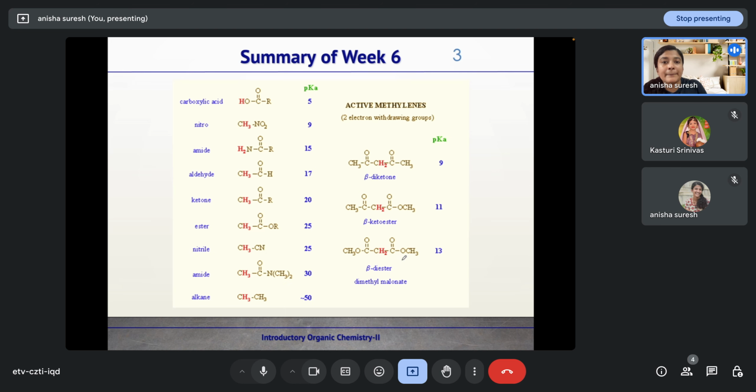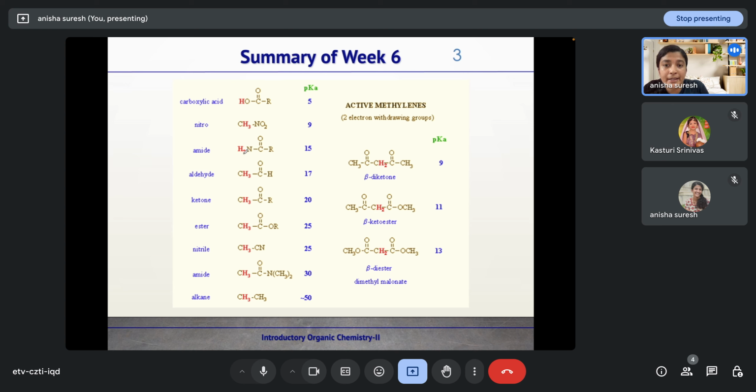Now coming to the pK values, if we compare, so these are normal compounds. Like carboxylic acid, it will be more acidic and its pK value will be 5. For nitro compounds, because of the electron withdrawing effect of the nitro, its pK value will be around 9.